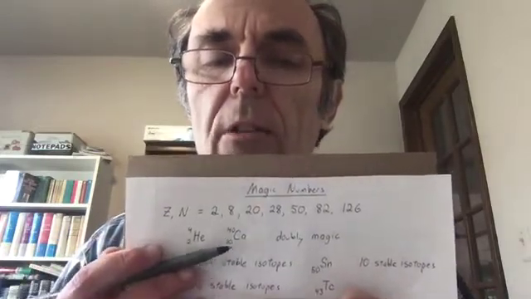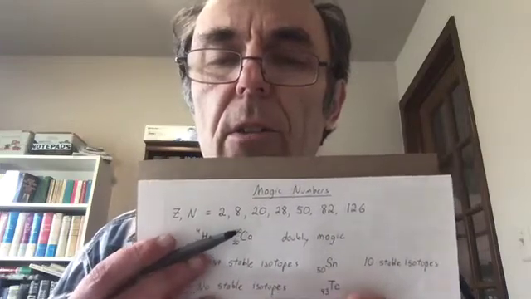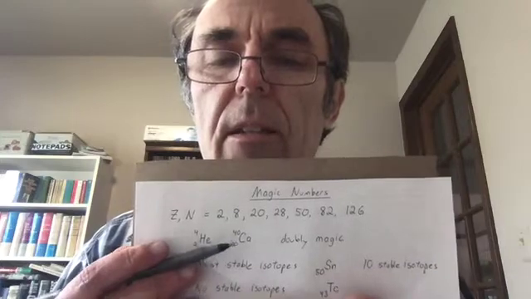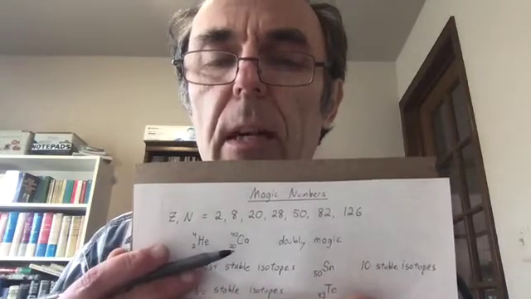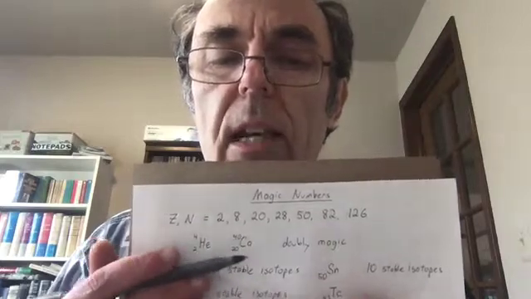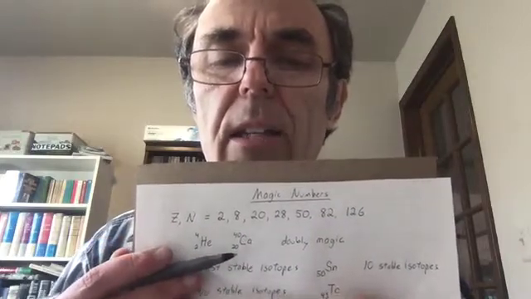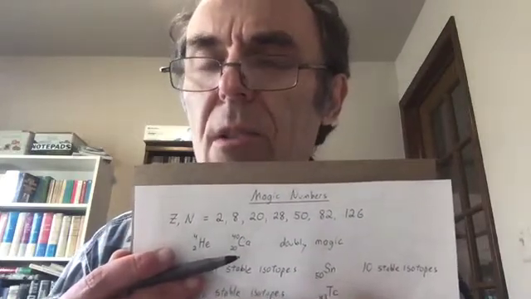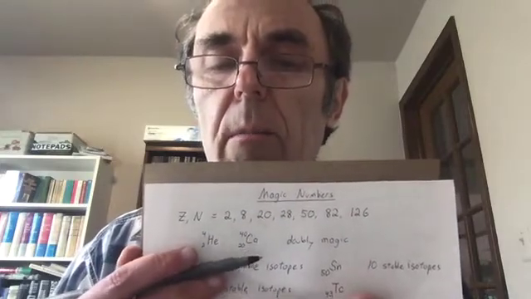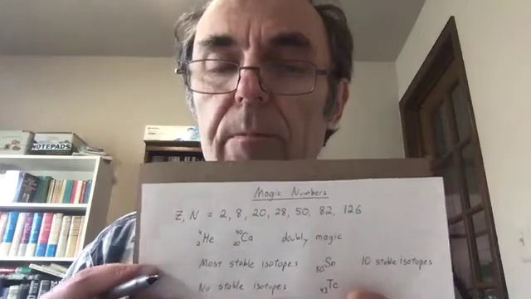Remember I told you calcium-40 was the heaviest nucleus that had N equals Z? Well, calcium-40 is stable. One reason is because it's doubly magic: 20 protons, 20 neutrons. So it's not too surprising that calcium-40 is stable, even though all the nuclei around it might be unstable.